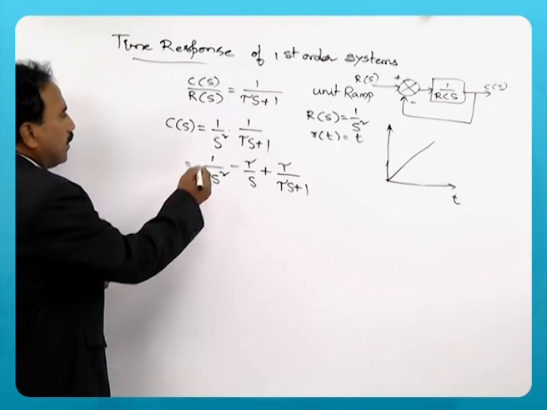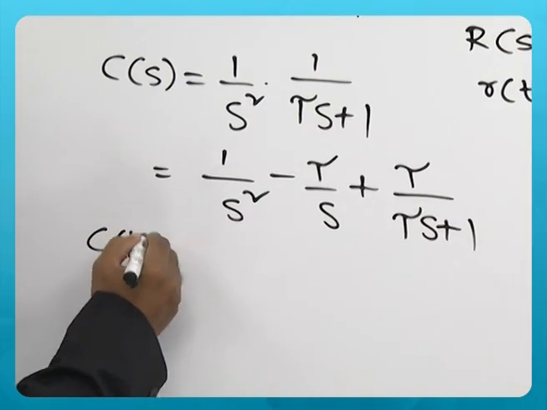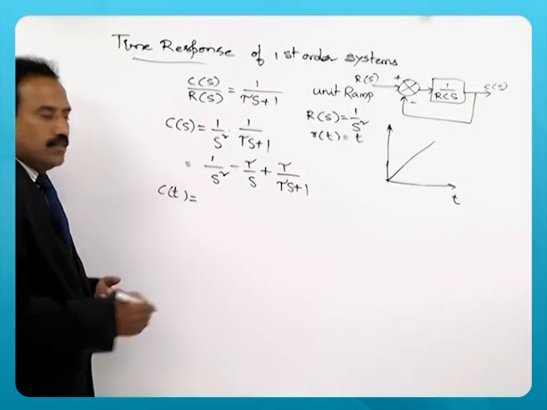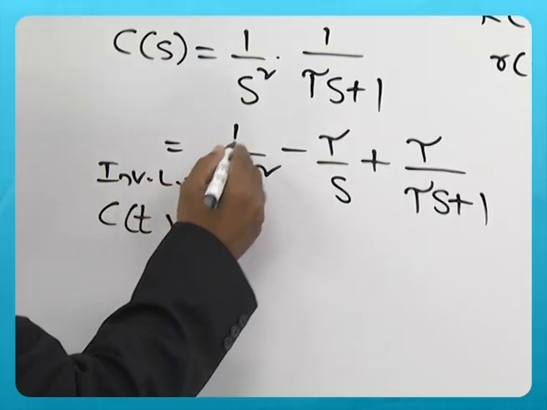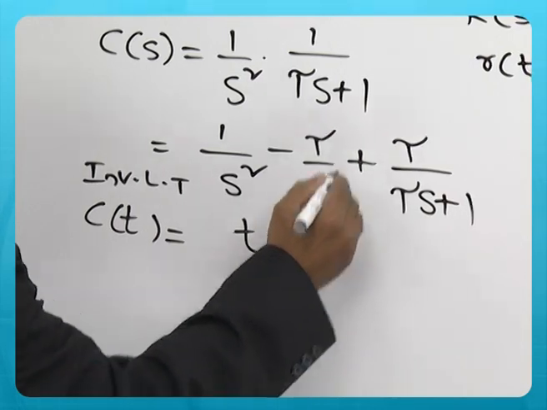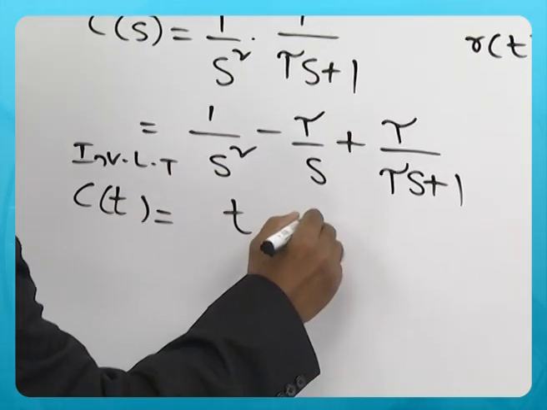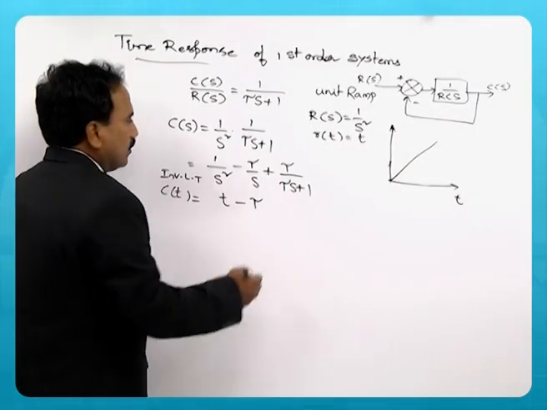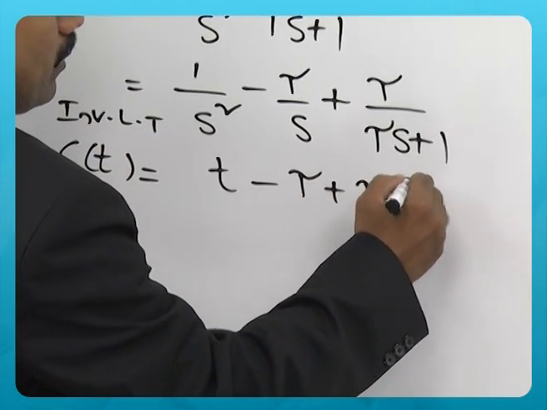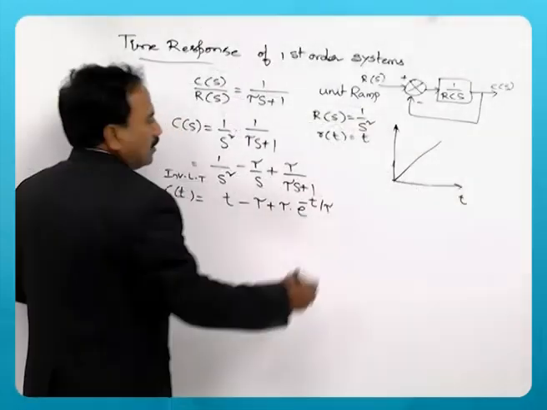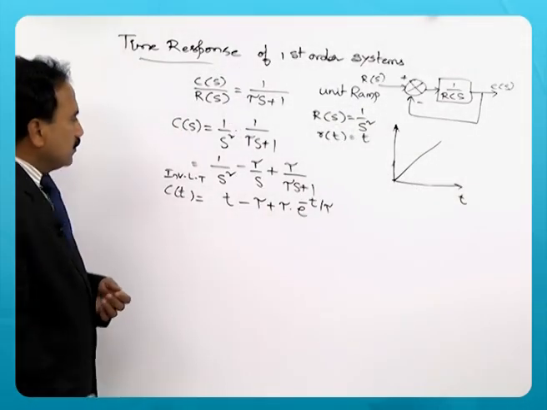So, you apply now the inverse Laplace transform to get C(t). When you apply the inverse Laplace transform, 1/s^2 is t, 1/s is 1 only, that means it is tau, plus tau times e^(-t/tau), the response.